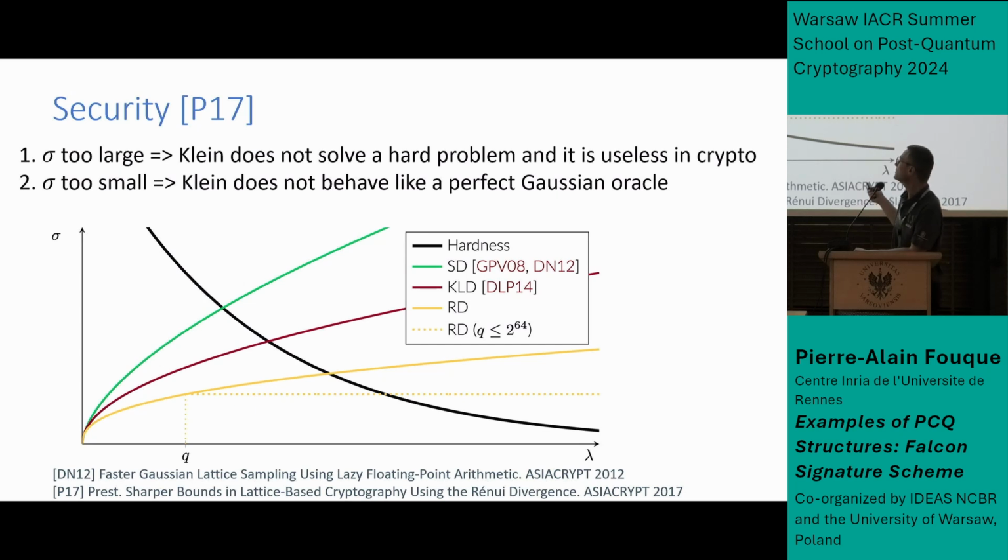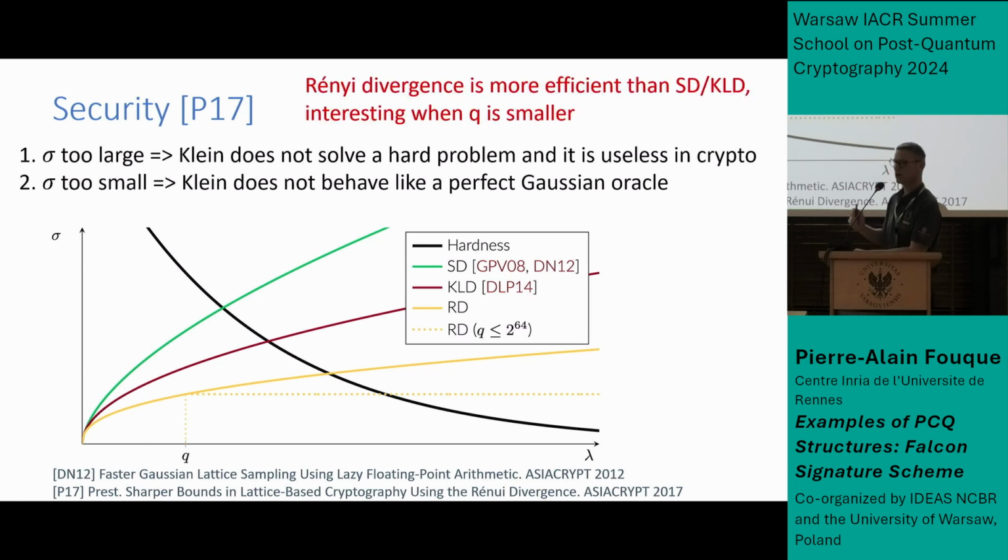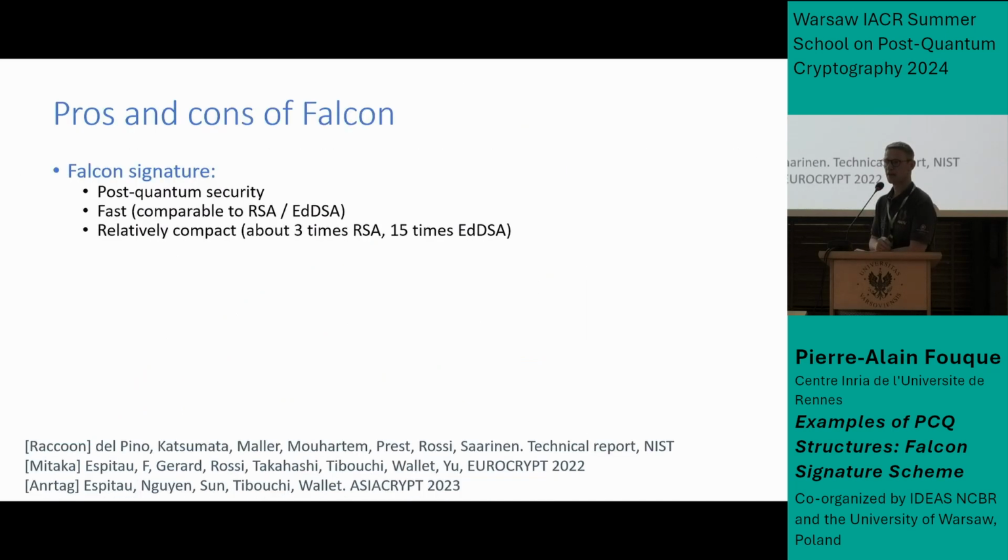Here, for the NIST competition, the number of queries is limited to 2 to the 64, which is why it's more interesting to use this value. So in terms of security, you can gain 30 bits of security using the analysis that Thomas introduced.